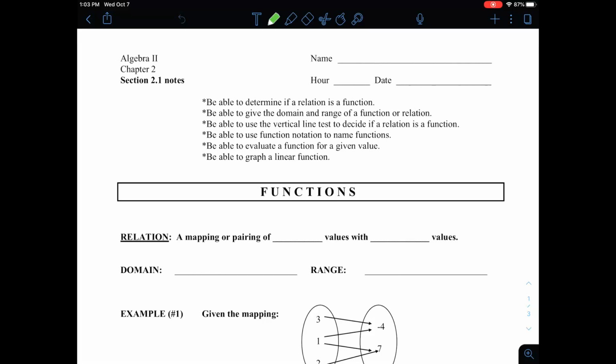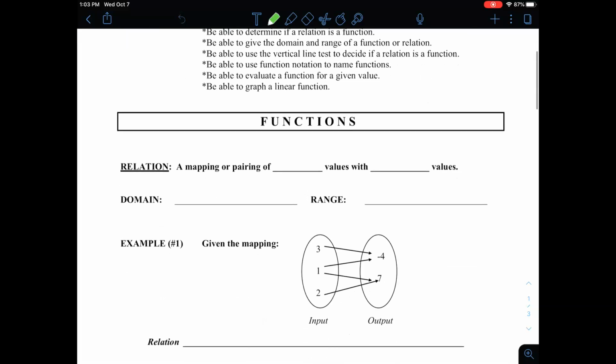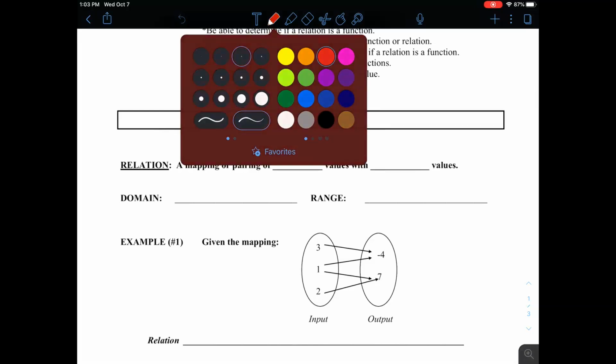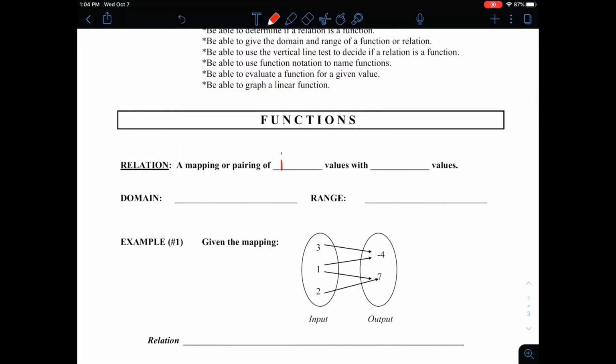So functions are a type of relation, and a relation is a mapping or pairing of input values with output values. So domain are input values, and ranges are output values.